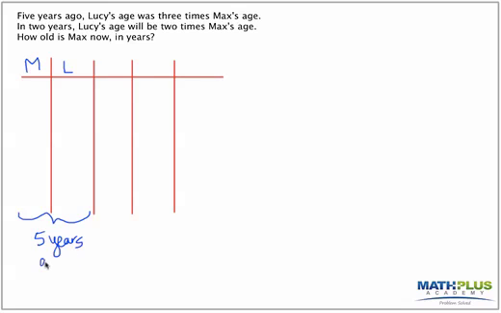One of the tricky parts of this problem is the fact that it starts 5 years ago and then wants us to think about what happens 2 years from now. So for me, making 5 years ago the reference for the table makes the most sense.